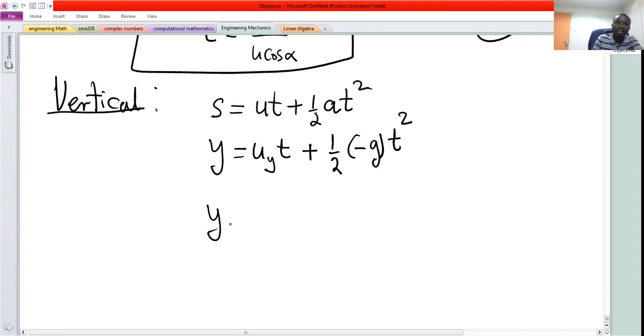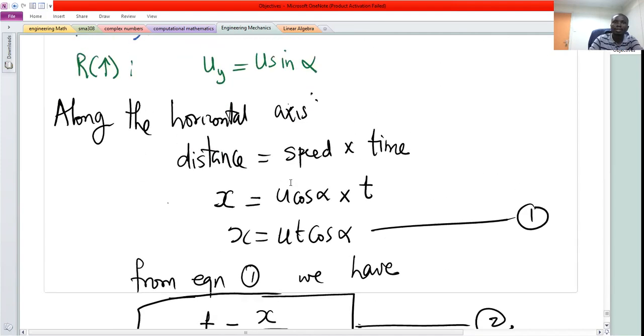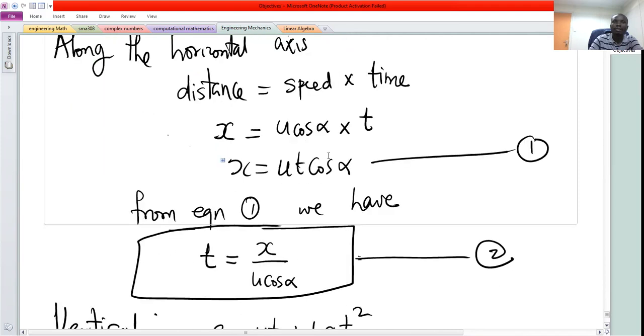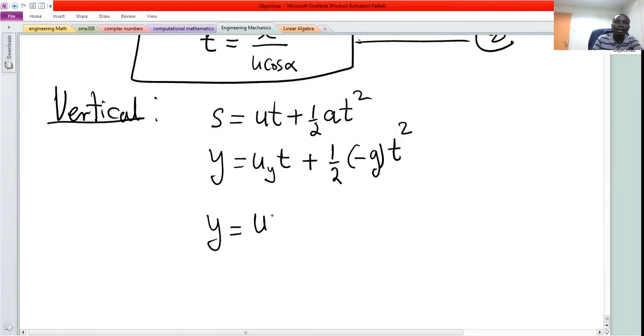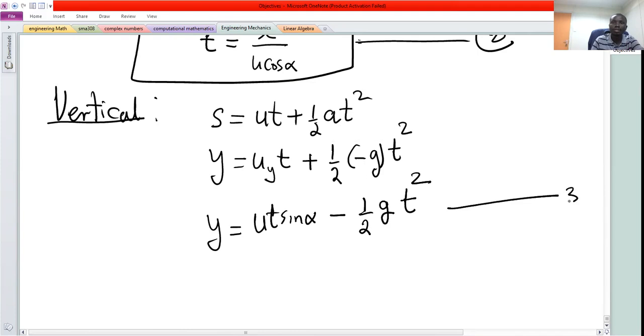We have calculated that our uy is u sine of alpha. So we multiply by t, and we have ut sine alpha, minus a half g t squared. Call this equation 3.